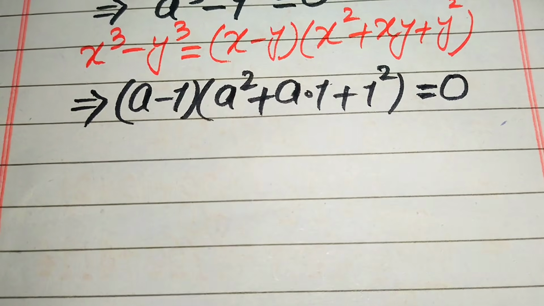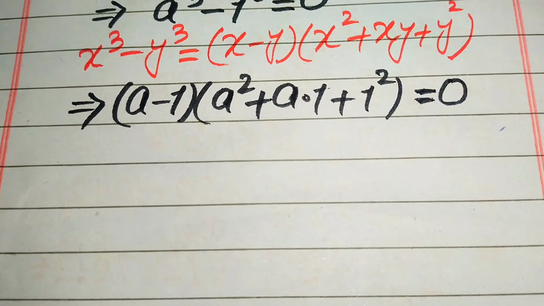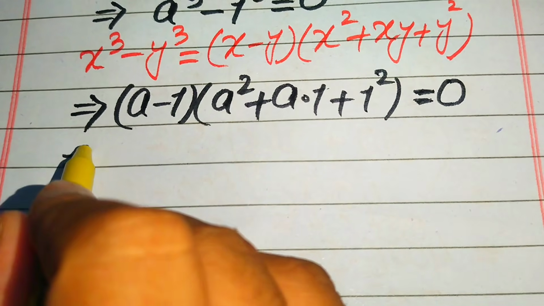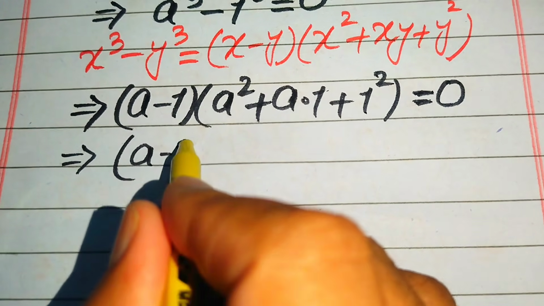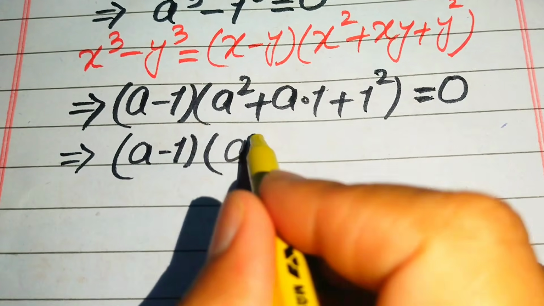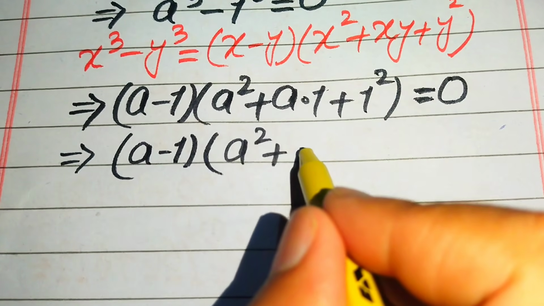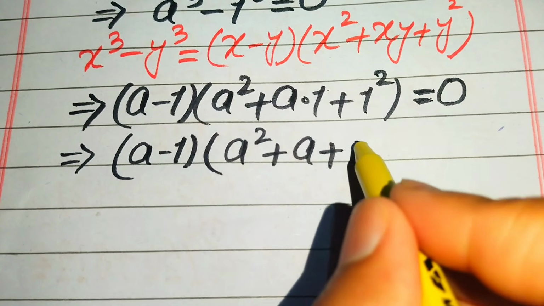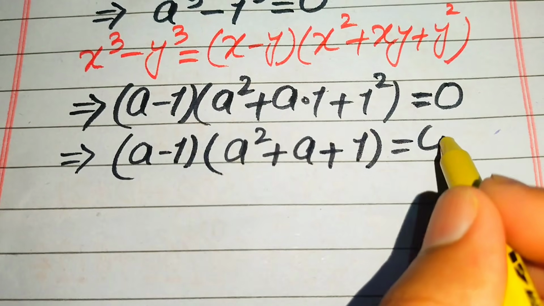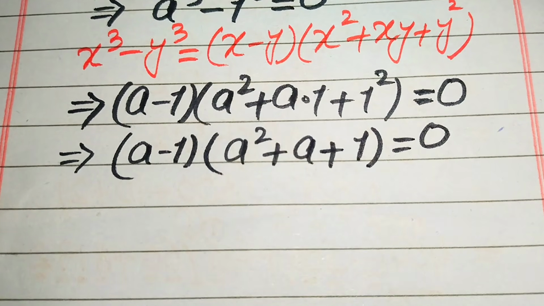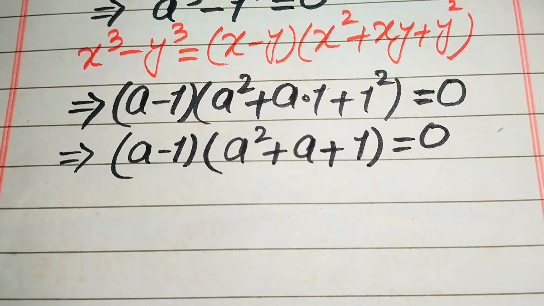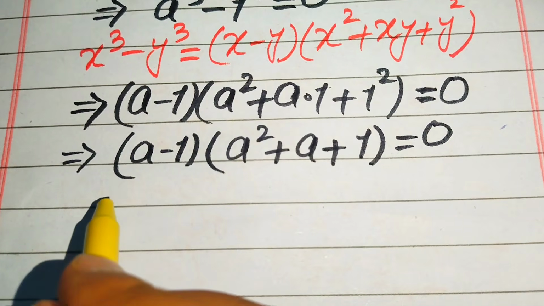In the next step we need more simplification. We rewrite this equation as (a minus 1) times (a squared plus a plus 1), since a times 1 becomes a and 1 squared becomes 1, and this whole equation is equal to 0. Now we break this equation into two cases.